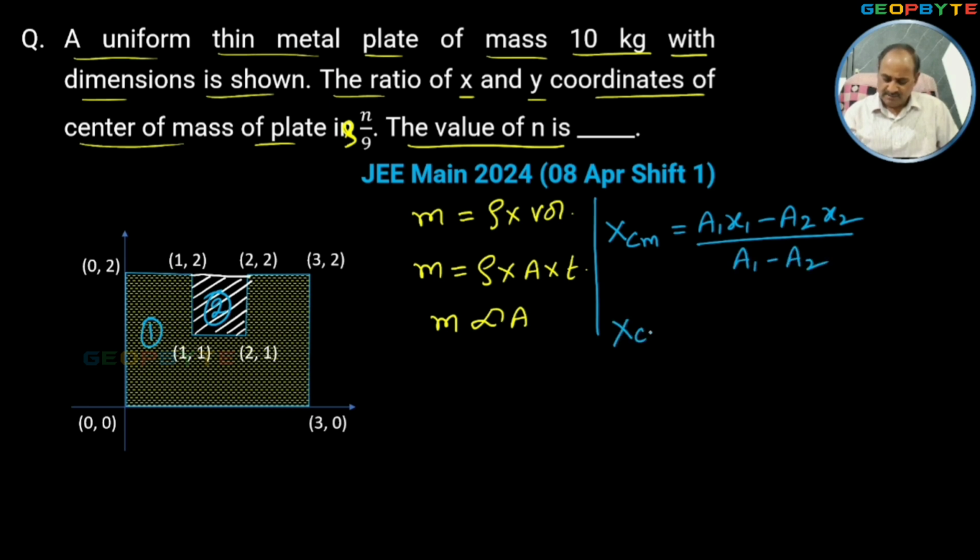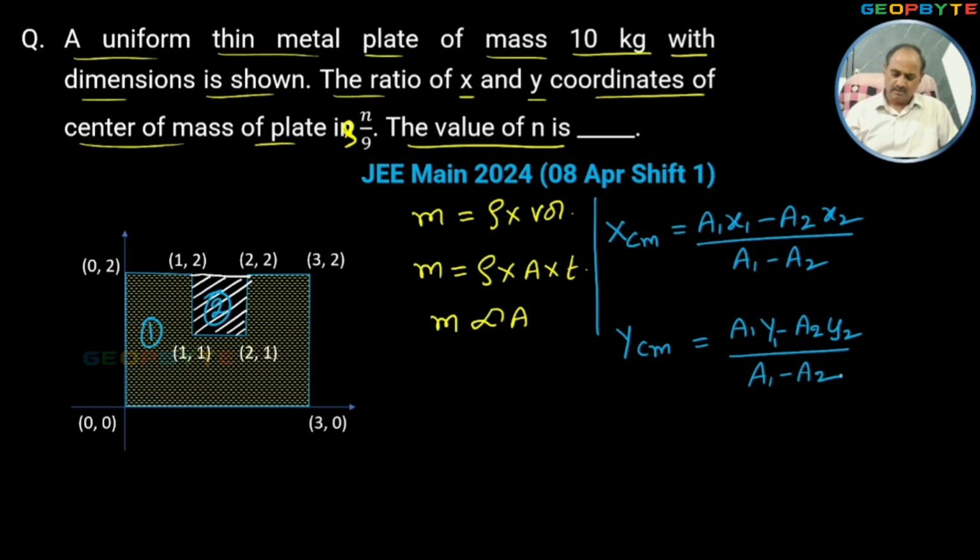Similarly, ycm, the center of mass about the y-axis, equals (a1 y1 minus a2 y2) divided by (a1 minus a2). This xcm is given as x and ycm is given as y.